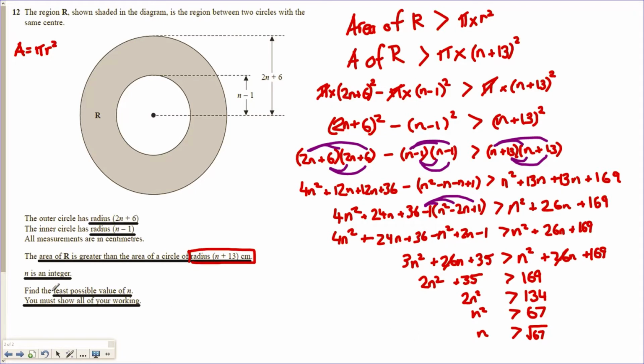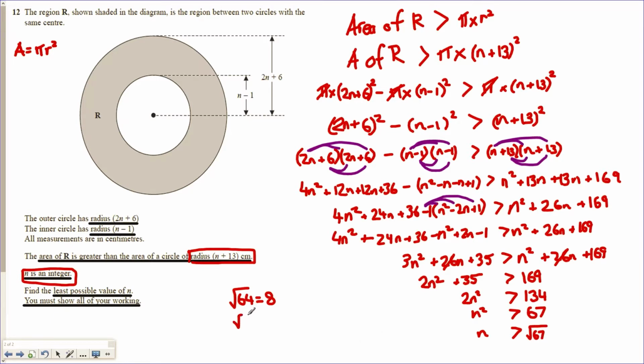Now if we go back here, n has to be an integer. So that means that n has to be a whole number. And we need to find the smallest possible whole number that n can be. So if we find the square root of, let's say, 64, and I'll just do that here, the square root of 64 will give us an answer of 8. What's the next biggest square number? So 8 times 8 is 64, 9 times 9 is 81.